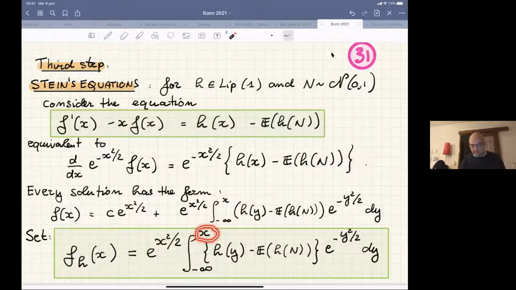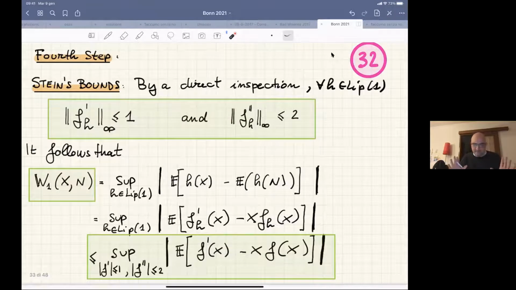So you can actually replace this integral by minus the integral from plus infinity to x, for instance, and work with that. But in general, this is the key point. So for every function h in the class Lip 1, the first derivative of the canonical solution is bounded by 1, and the Lipschitz constant of this first derivative is less or equal than 2.